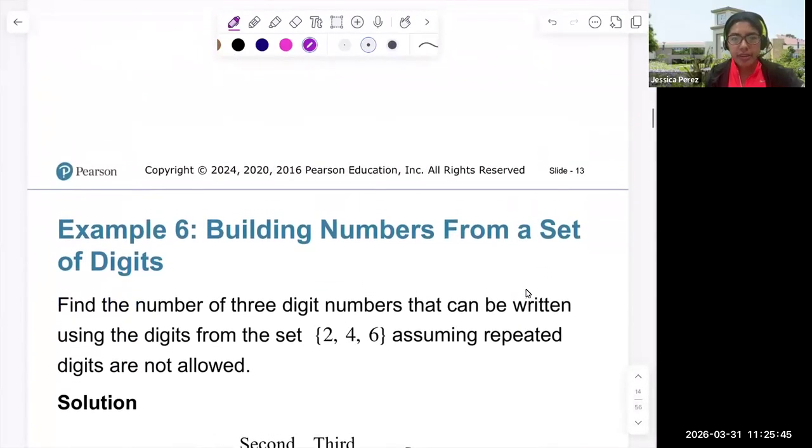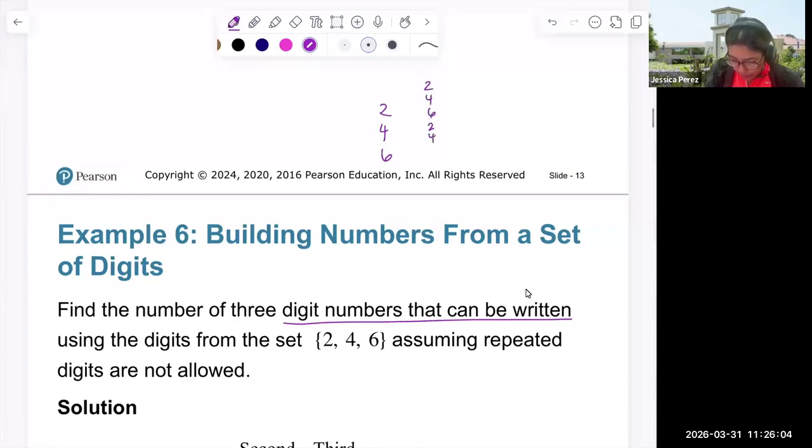It's asking us to find the number of three-digit numbers that can be found by using the numbers 2, 4, and 6. So there's three digits. You have 2, 4, and 6 for the first option, and then we have another 2, 4, 6, 2, 4, 6, and 2, 4, 6 for each one.